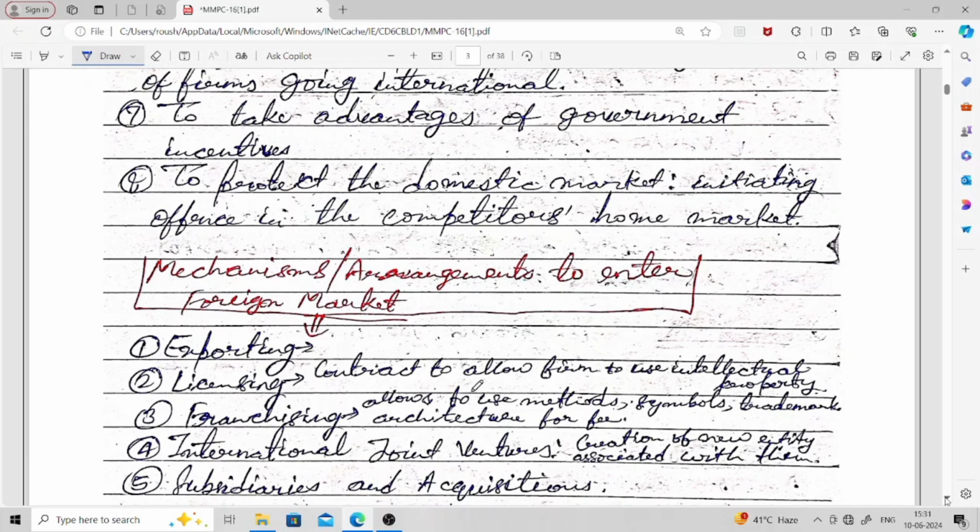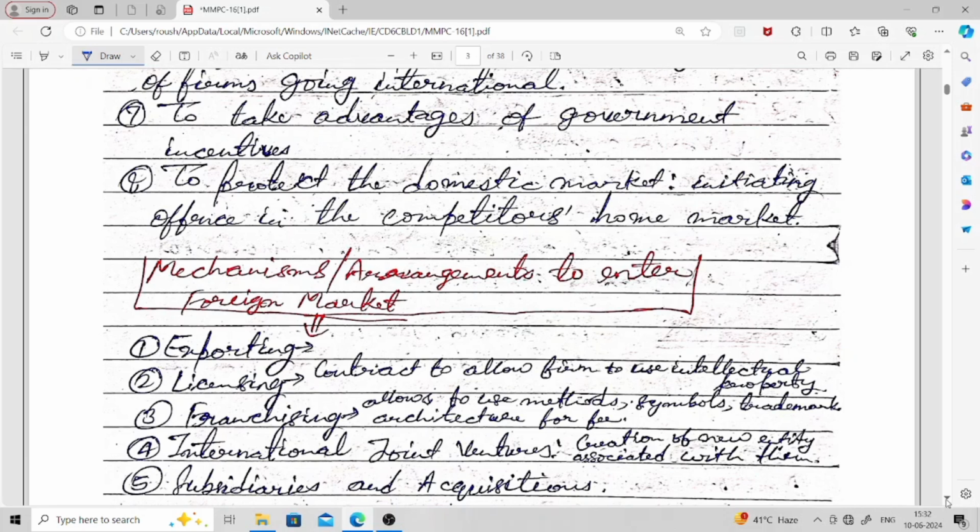Then you have to protect the domestic market. To protect the domestic market means initiating offense in the competitor's home market. If there is very high competition in the home country due to a firm from the foreign country, then to save the domestic market, the company in the domestic country tries to go to the foreign country so that the competition can be increased in the foreign country also.